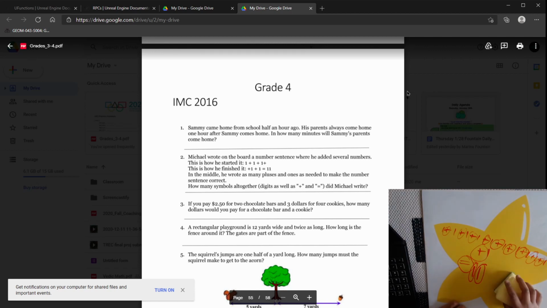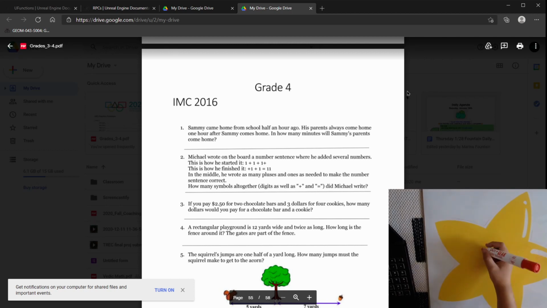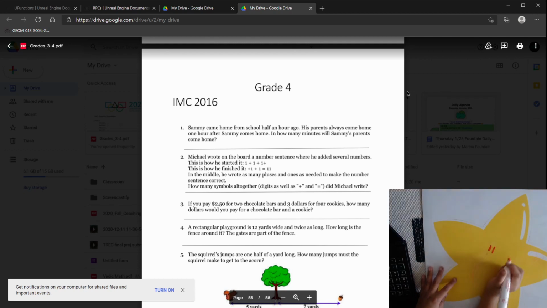And this is a trick that you should use. So the trick is, you know that there are 11 ones. And whenever you do these ones, the pluses are in the middle. So there's 11.